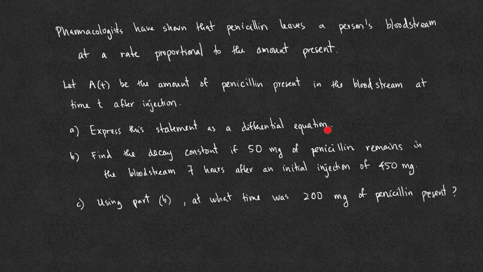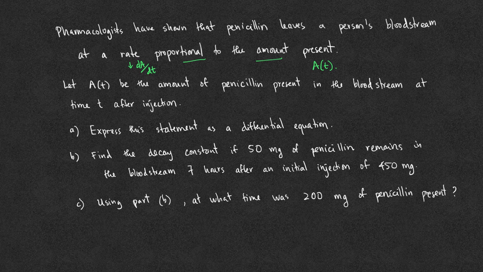The differential equation is the rate, and this rate is proportional to the amount present. The amount present at the moment is A of t, and the rate of change of the amount A is dA/dt.